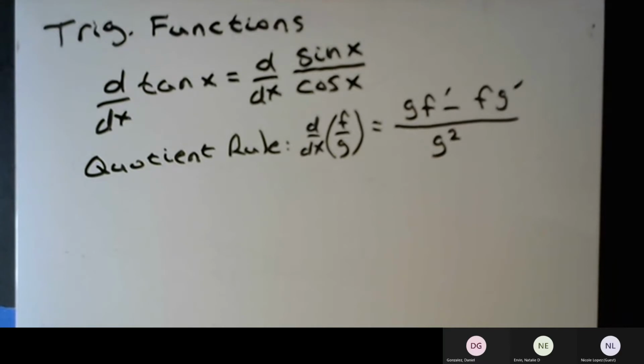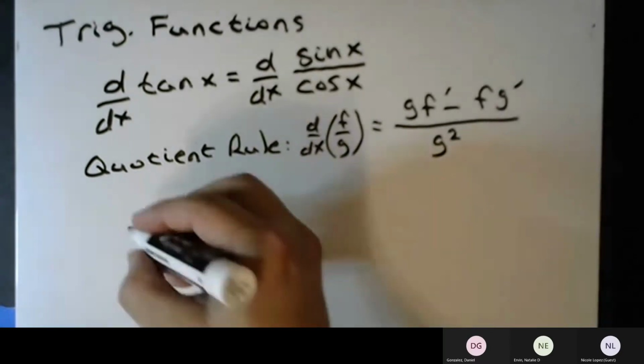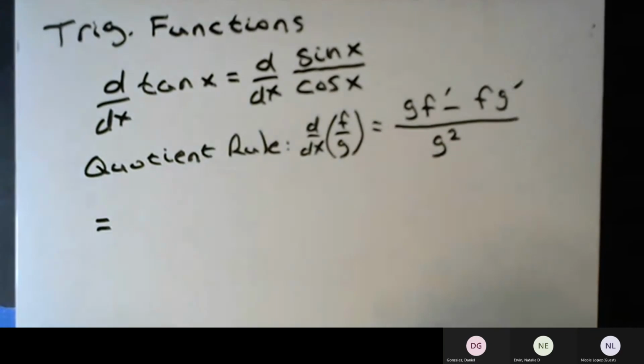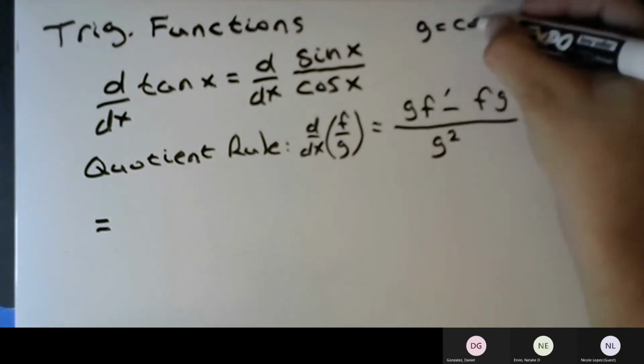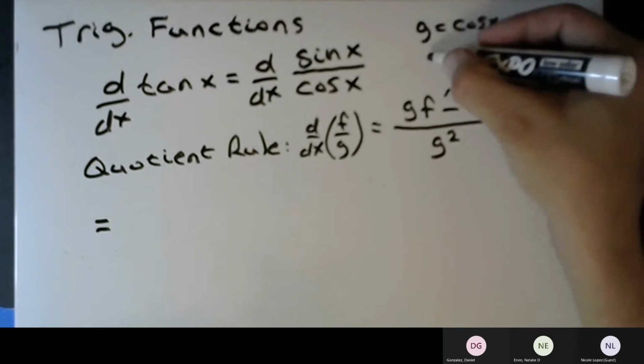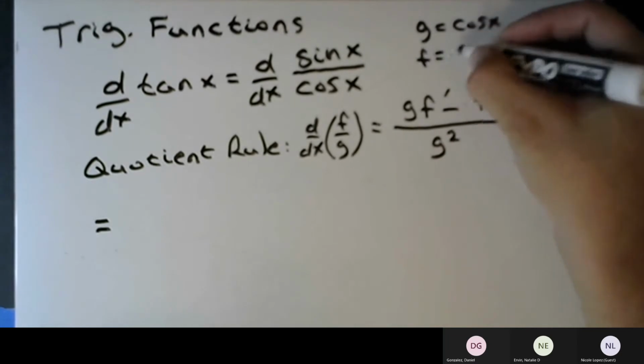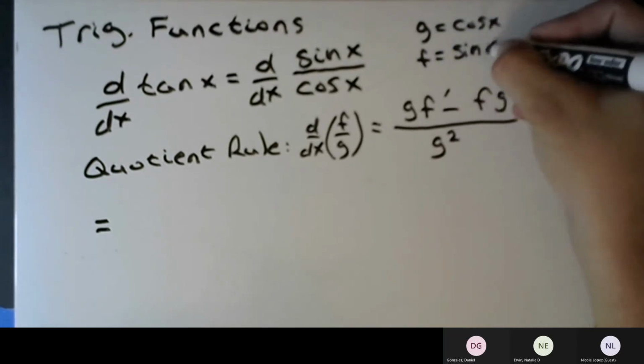And I'll be honest, that's one I tend to forget. So I'm just going to double check just to make sure. So what that means, we're going to let g be cosine x and f be the sine of x.